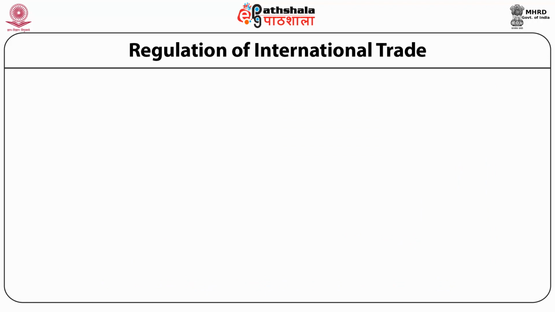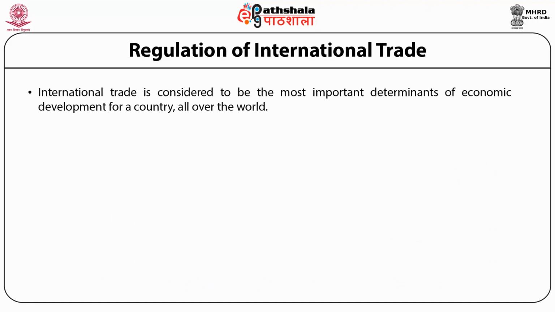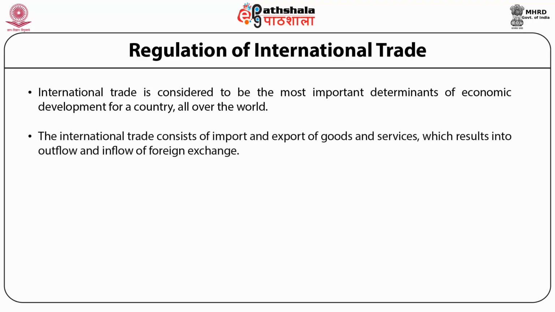Regulations of international trade. International trade is considered to be the most important determinant of economic development for a country all over the world. International trade consists of import and export of goods and services, which results in the outflow and inflow of foreign exchange. This is called EXIM trade, that is, export-import trade.